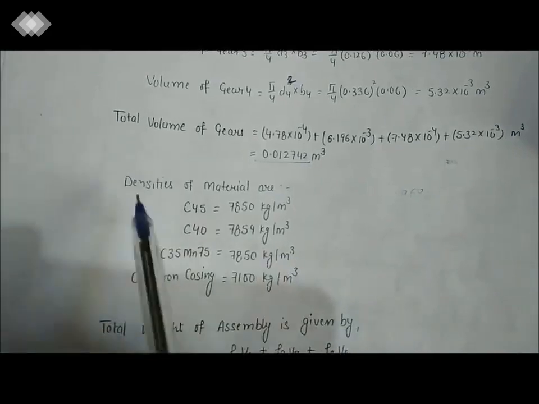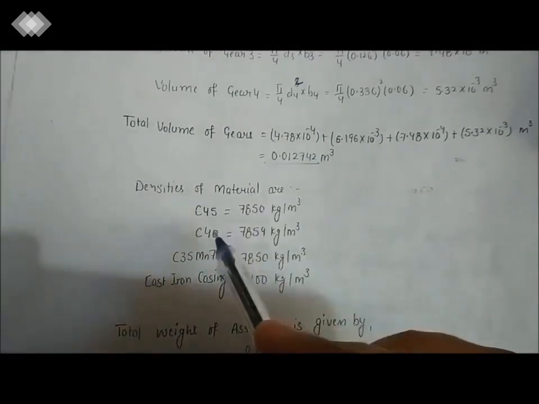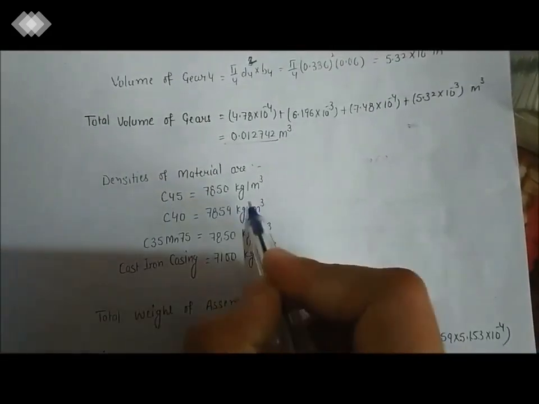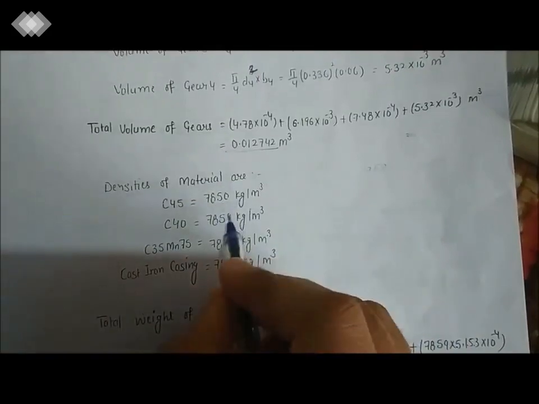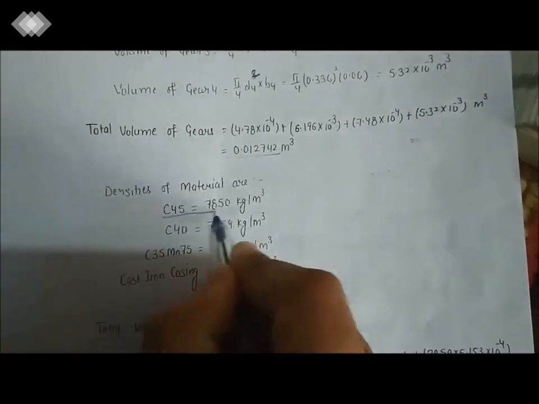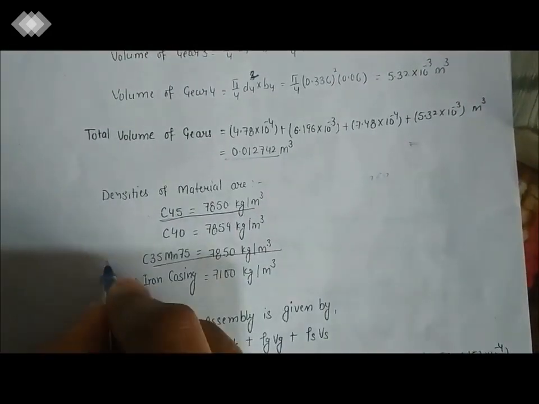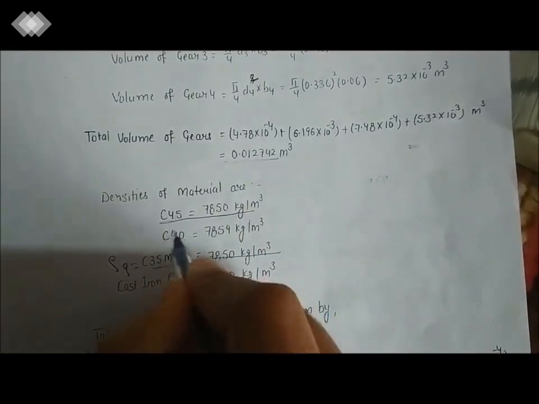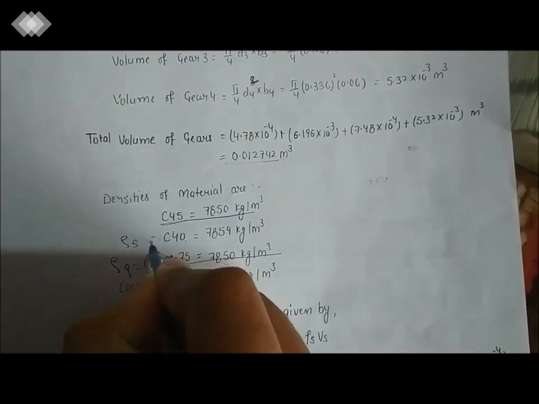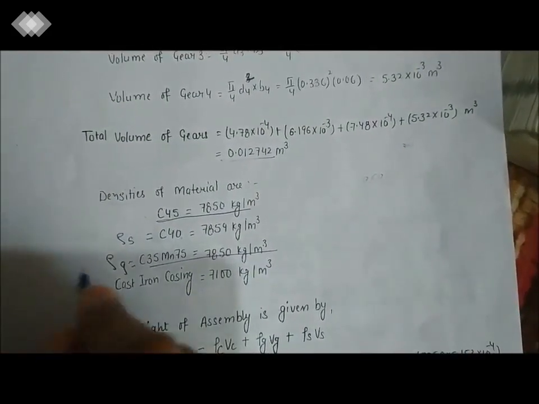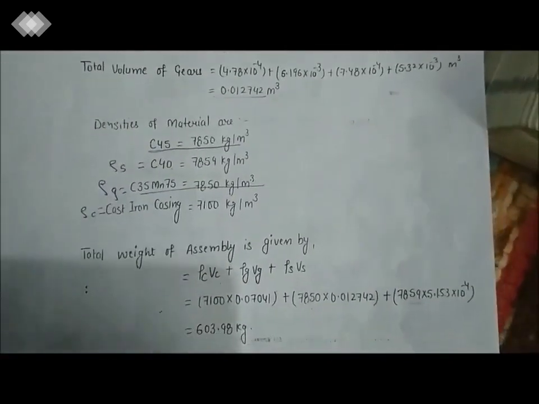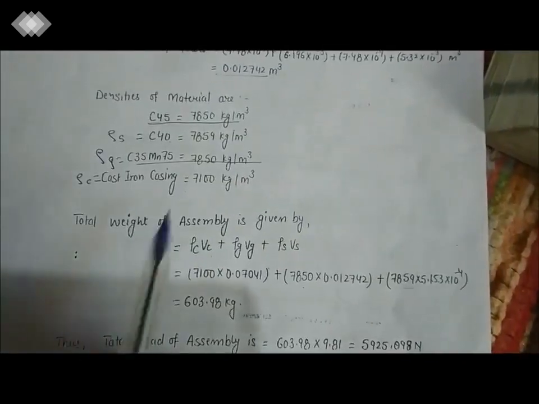Now let's get the density of all materials that we use. C40: according to the material we get the value of density. This is the material for gear, so it is rho G. The C40 we use for the shaft, so it is rho S, and cast iron is used for the casing, so it is rho C. Let's calculate the weight of assembly.